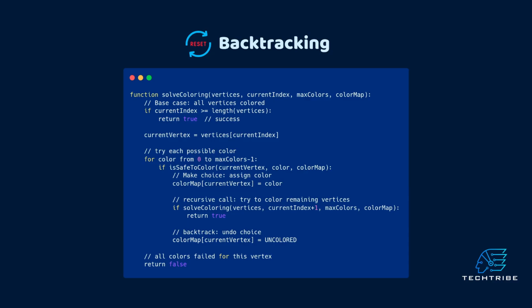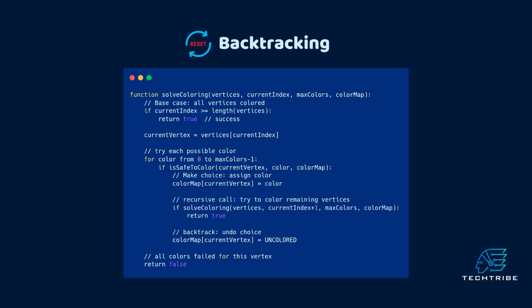We undo the choice, and the color map of the current vertex becomes -1, for example, or uncolored. This is just pseudocode. And for all the colors, if somehow it didn't succeed on the base case, it will return false if it finishes the loop and didn't reach the base case.